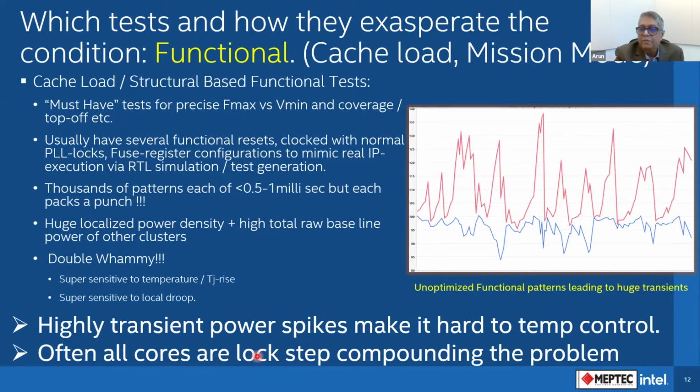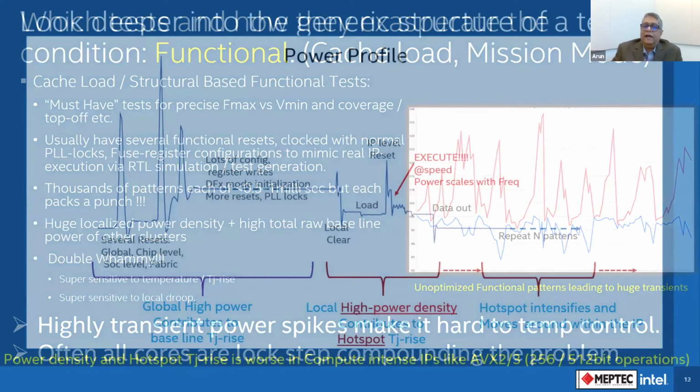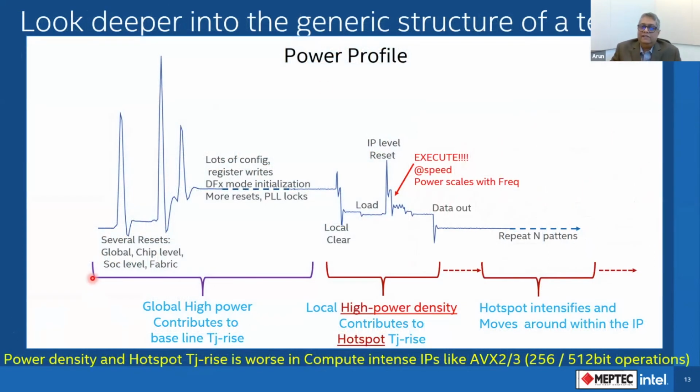Let us go a little bit deeper into this functional test. I call it the anatomy of a pattern. So you can see two parts here. The first part is where the part goes through several resets: global reset, chip level reset, SOC level, fabric reset, and several configurations. And all the PLLs are locking and everything.